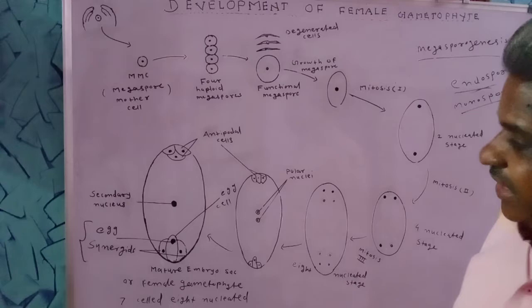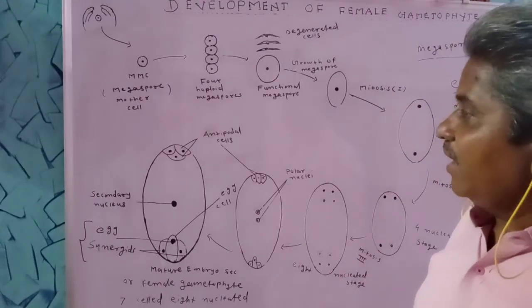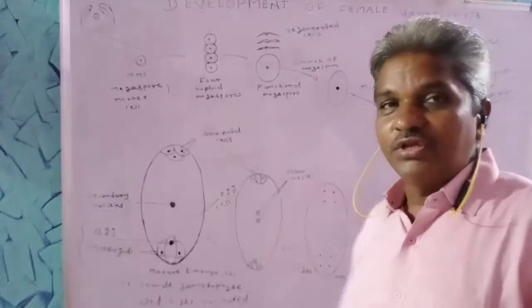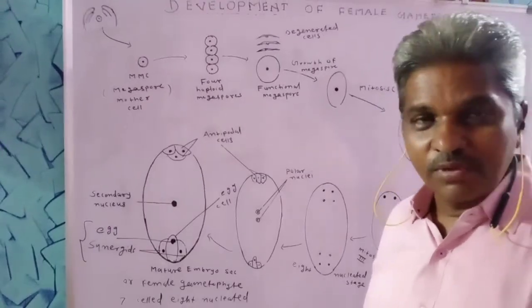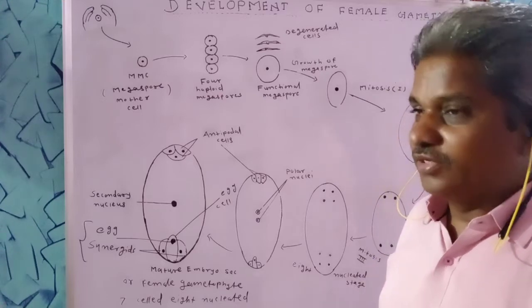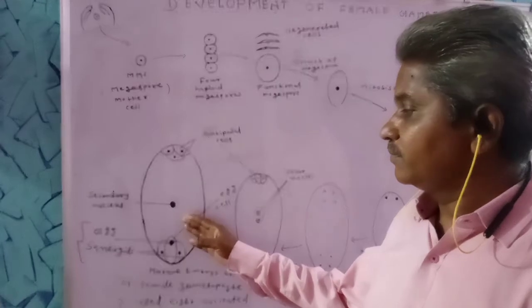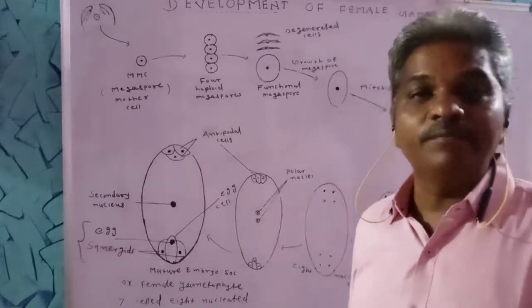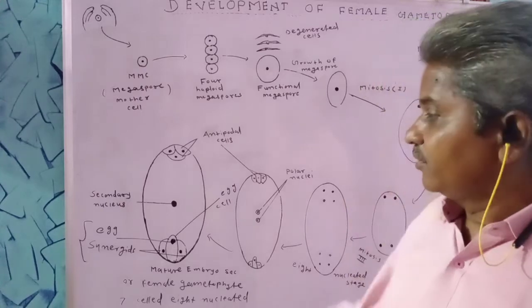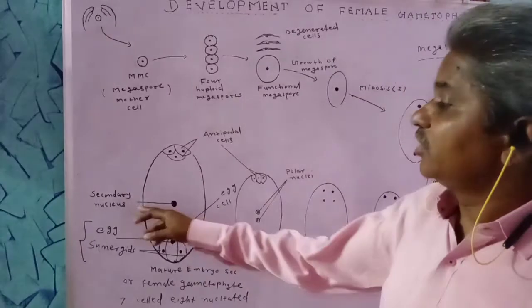So the embryo sac is a 7-celled, 8-nucleated structure, and it is involved in the sexual reproduction of angiosperms and plays an important role in the formation of the female gamete. The role of the embryo sac or female gametophyte is to produce the egg, the female gamete, and the secondary nucleus.